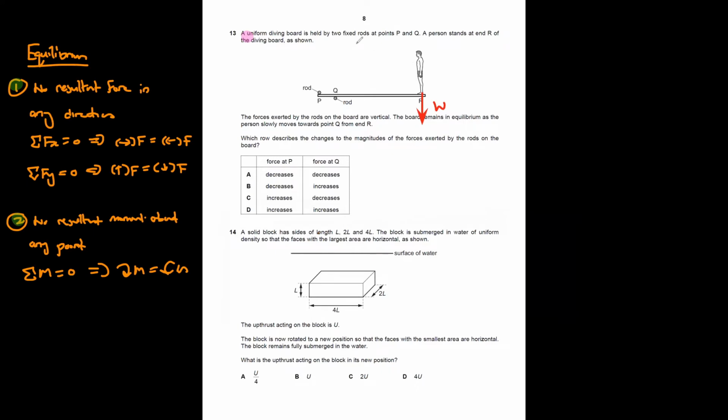So you see, the thing now is this. When your plank is like this, initially, once you have a person standing at the other end, it has a tendency to tilt like this.